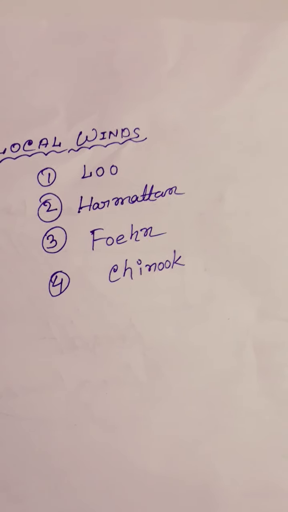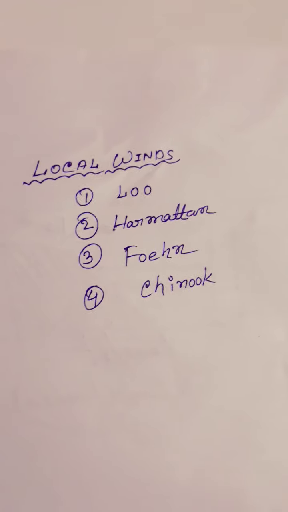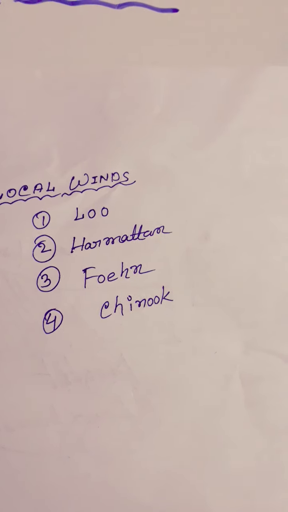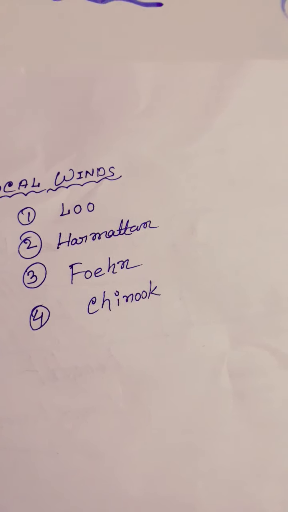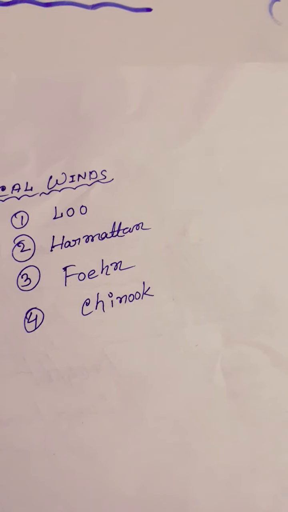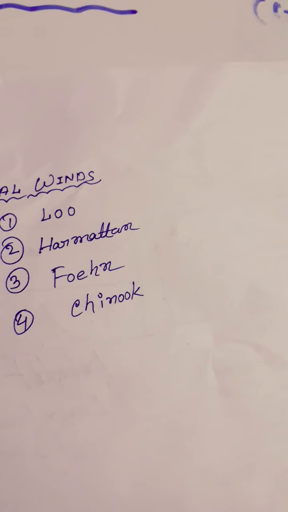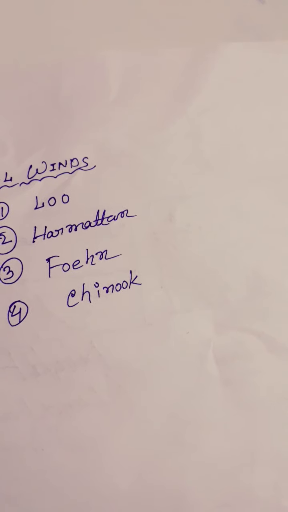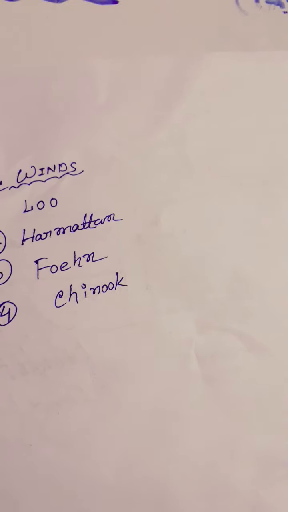Next, the Harmattan or the Doctor. This wind is also known as the Doctor wind. Why? Because it's a dry, dusty wind that blows over northwestern Africa. It blows south from the Sahara Desert towards the Gulf of Guinea between the end of November and the middle of March. It carries the sand of the Sahara for long distances, sometimes even to North America.